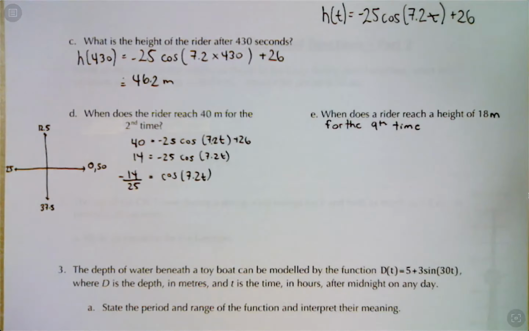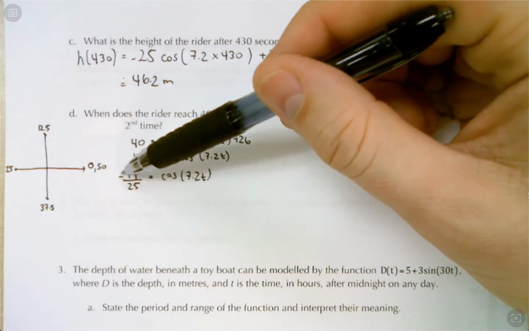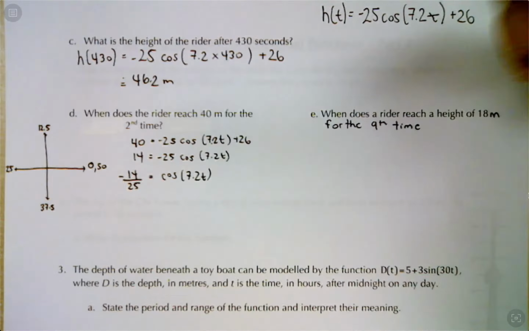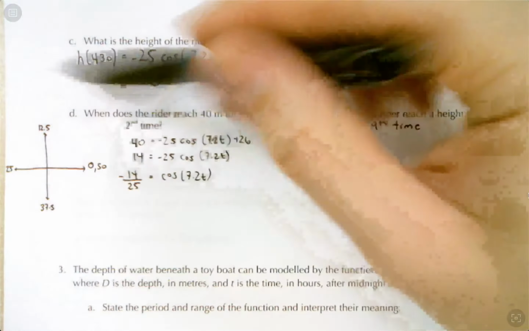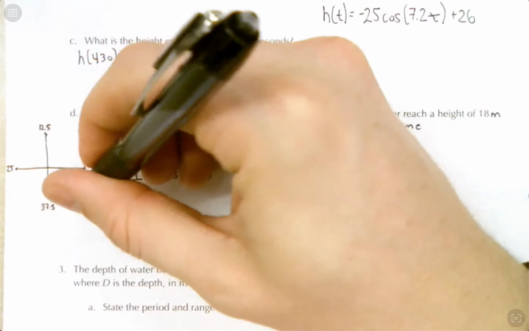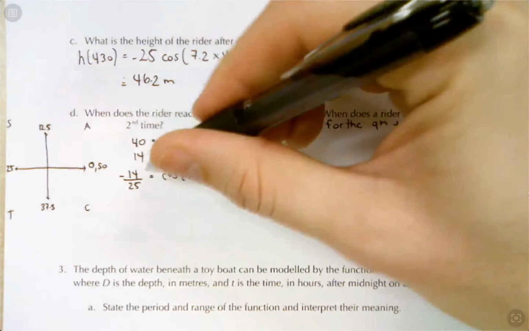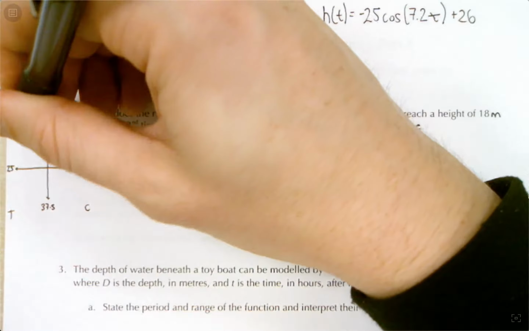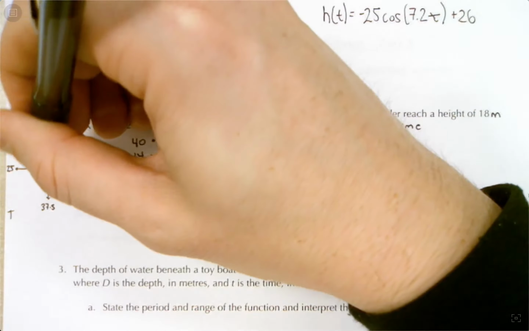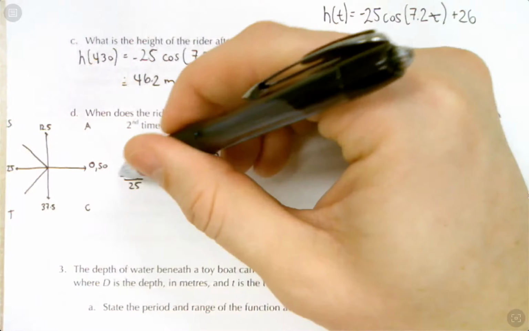So at this point, if we want to find a related acute angle, or a related acute time in this case, when we do cos inverse, we're ignoring the negative sign, and then we're using the negative sign to decide which quadrants our solution is going to be in. So according to CAST rule, cosine should give us a negative answer in quadrant 2 and quadrant 3. So that takes care of the negative sign.